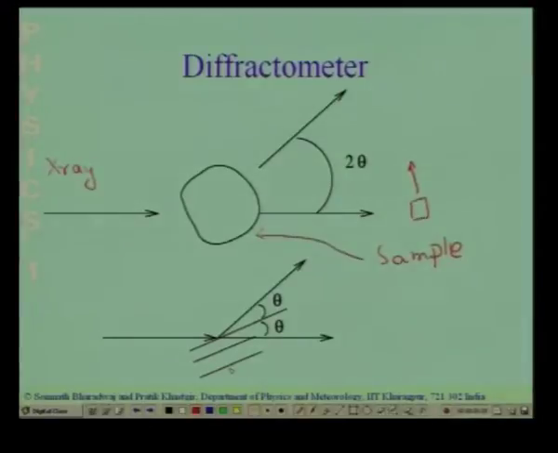So, if you measure the intensity in this direction, the X-ray scattered in this direction has been scattered by planes which make a grazing angle theta, if this angle is 2 theta.